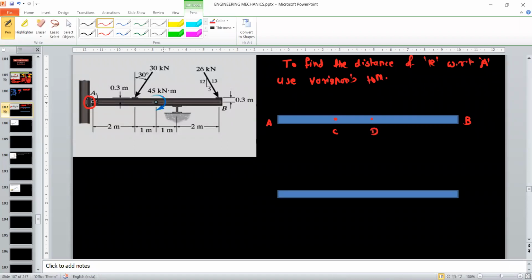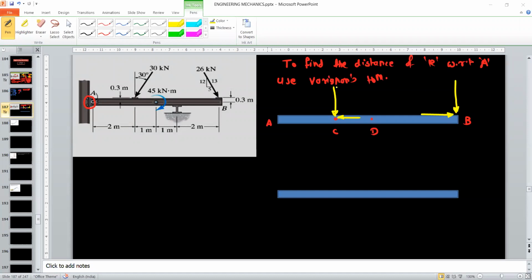So here in the original diagram, we have resolved the forces 30 and 26. So just I will draw the component. This is the X component and this is Y component of the 30 kilonewton.